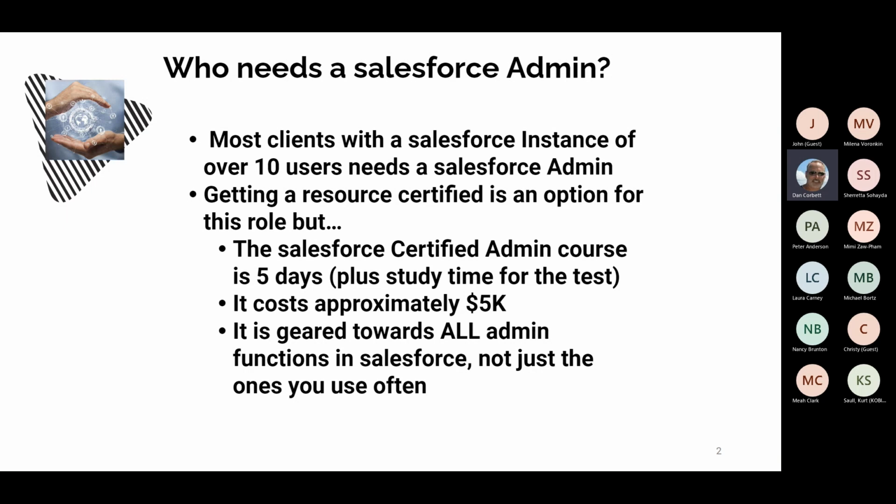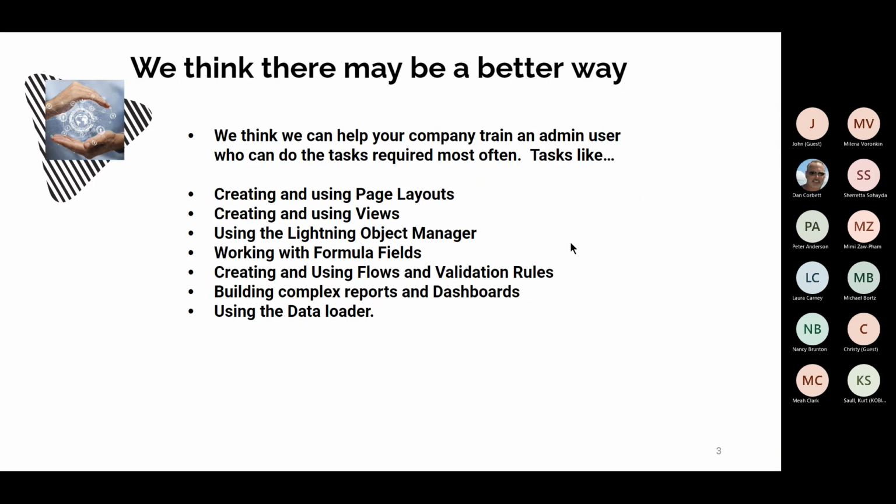So basically, while it's useful information, it is intensive in terms of time. It can be expensive, and it's geared towards taking the test. So we thought maybe there's a way for the 5 or 6 things that users do every day to jump in and use a pinpointed set of classes to get to those functions. If that makes sense. Peter, you want to jump in?